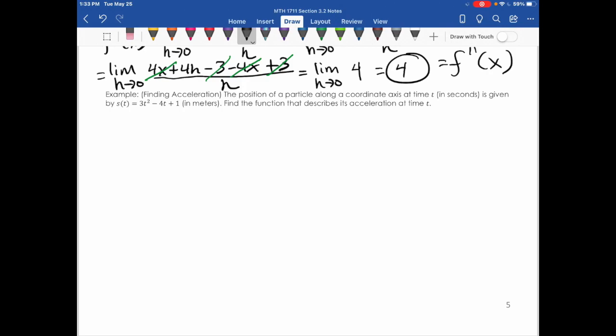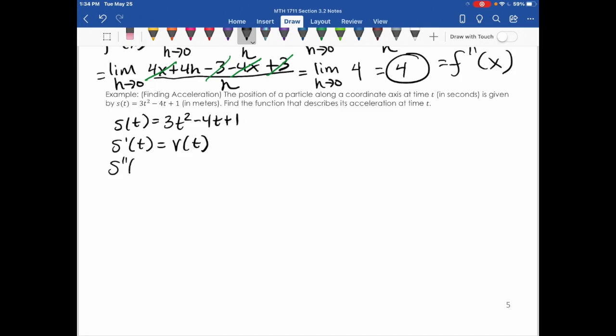So when we take the second derivative, and we're dealing with position functions, what we're really finding is the acceleration. So here's our position function that's given in this question. I want to find the acceleration, which would be the second derivative.